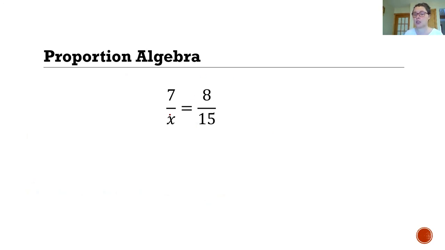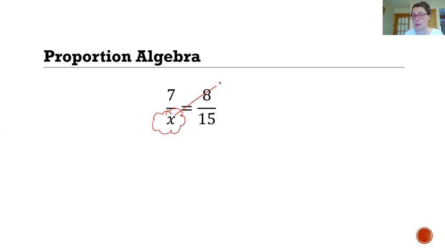We need to identify what x would be in order to make 7 over x equal to 8 over 15. Now to do this, we know that these two ratios have to be equal. If they're equal, we're going to solve it the same way we would for equal fractions.